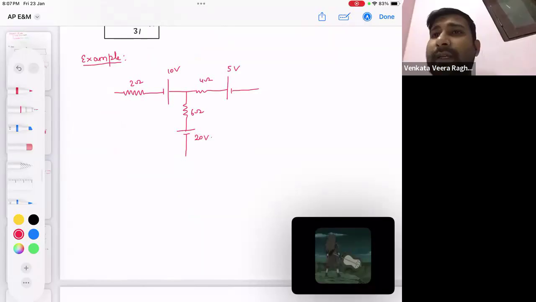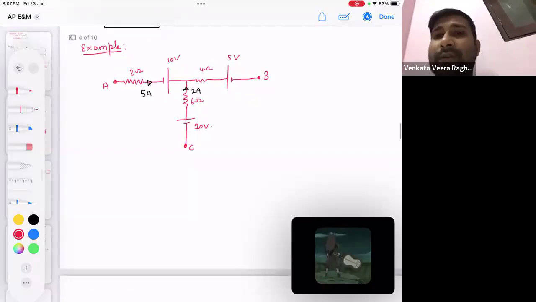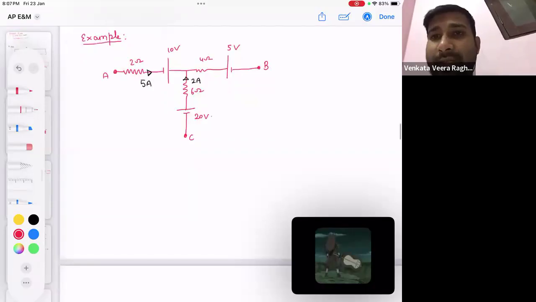The current in the circuit is given something like this. In this branch, the current is given as 5 ampere. This branch current is given as 2 ampere. This point they are calling A, this point B, and this point C. The question they are asking: find VA minus VB, and the second part, find VA minus VC.